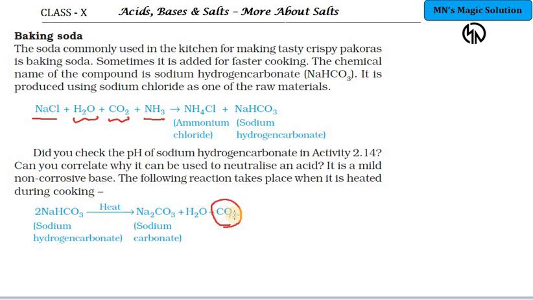In cakes, it comes out in the gaseous state and thereby gives small pores in the bread or the cake. That's why it is fluffy. Baking soda gives fluffy bread because of the release of carbon dioxide when baking soda is heated.